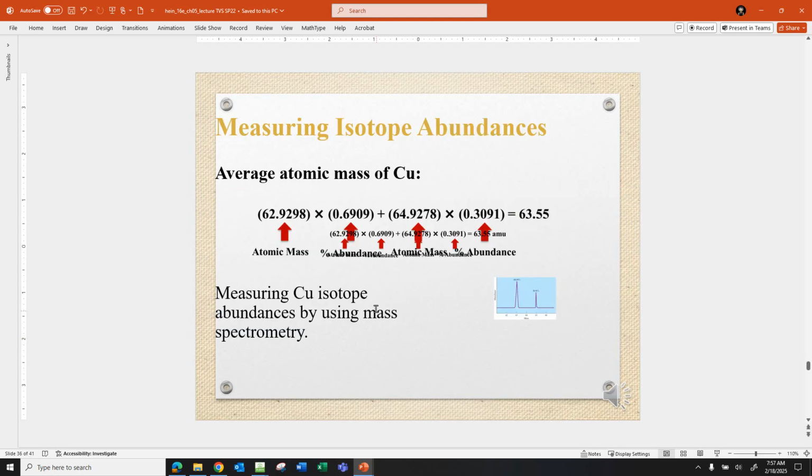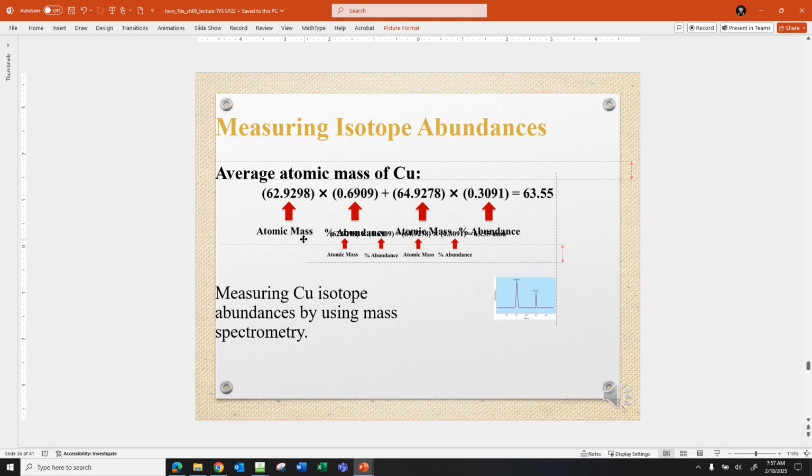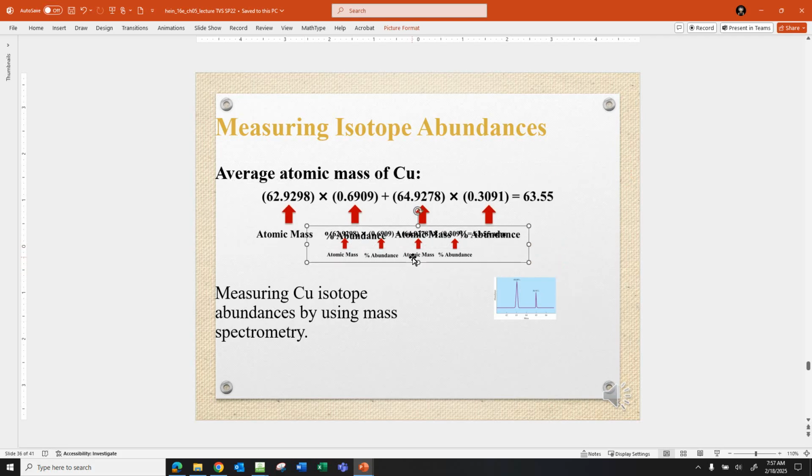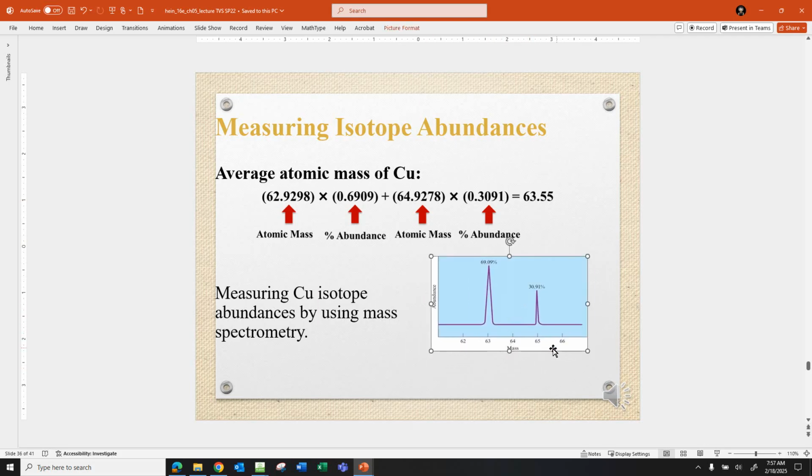Measuring abundances, here's another way of writing it. You're taking the atomic mass times its abundance plus the next atomic mass times its abundance to get the whole. Or you can see it from a graph.